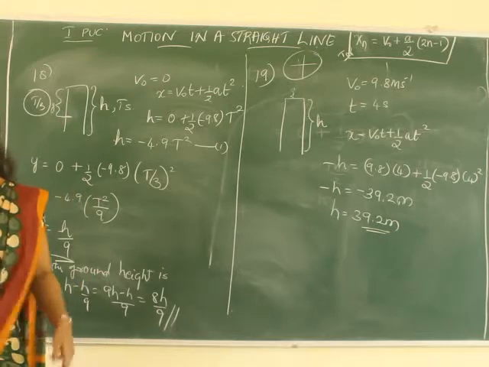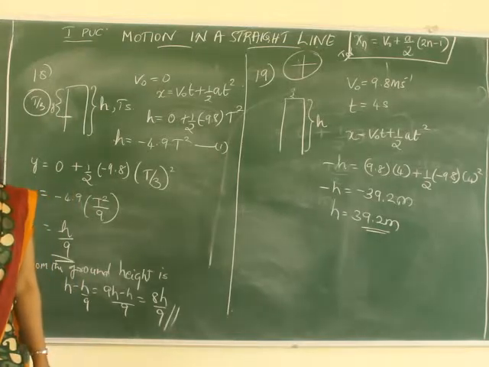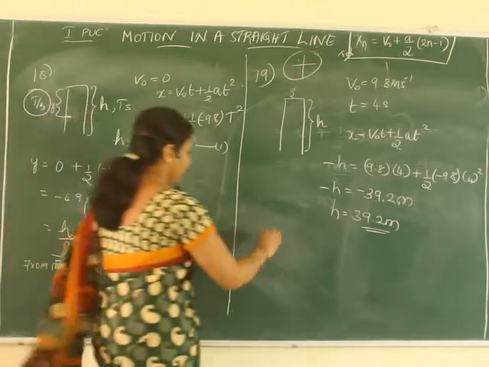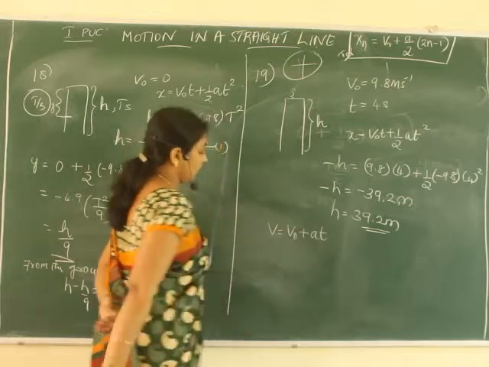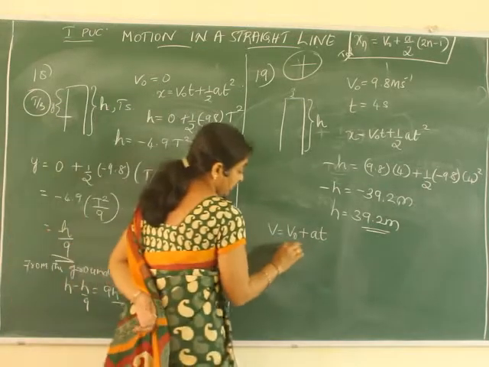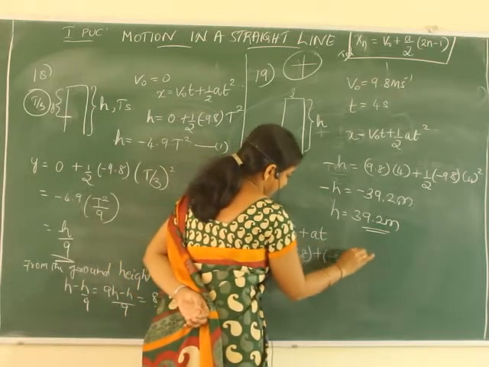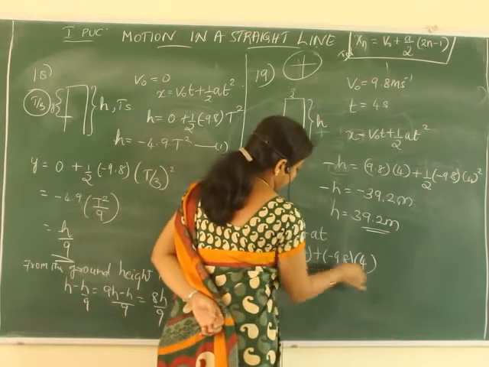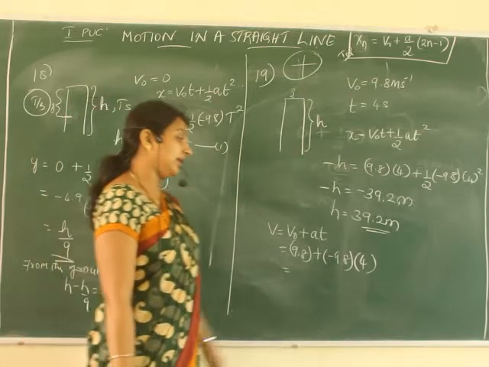Yes. Next, what you have to calculate? You have to calculate the velocity with which it reaches the ground. That is V is equal to V0 plus at. What is the answer? 9.8 plus minus 9.8 into 4.